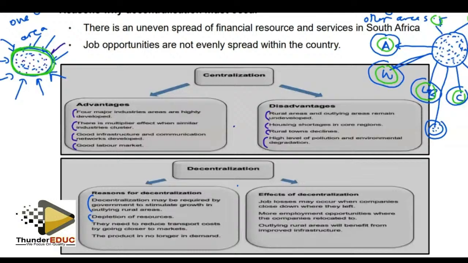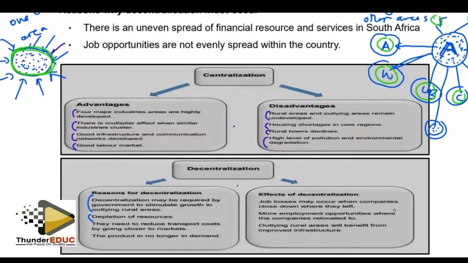What could be the effects of decentralization of industries? They say job losses may occur when companies close down where they left. Remember, now if companies are moving away from the core area, for example, at A, it means they are closing, definitely moving to other places, meaning jobs in these areas are going to be lost.